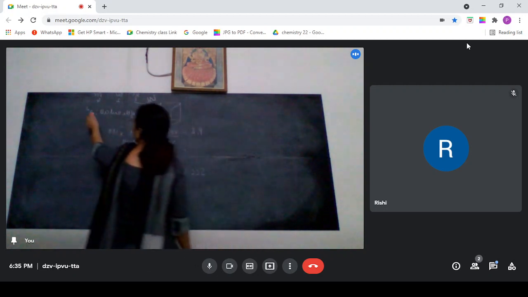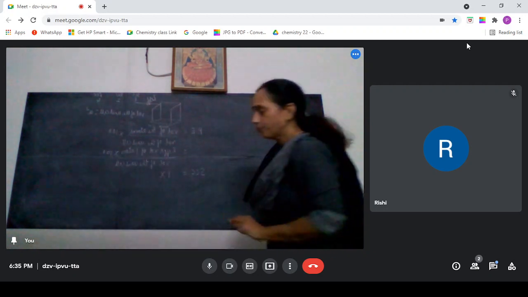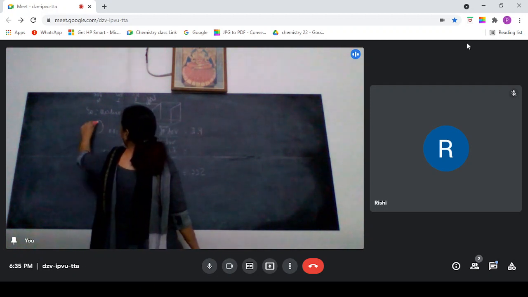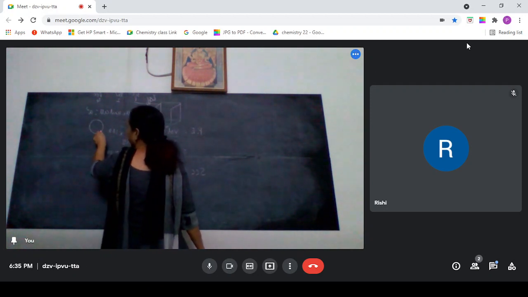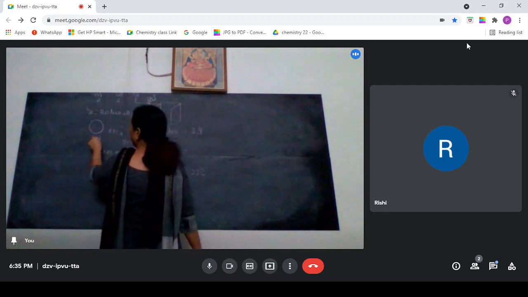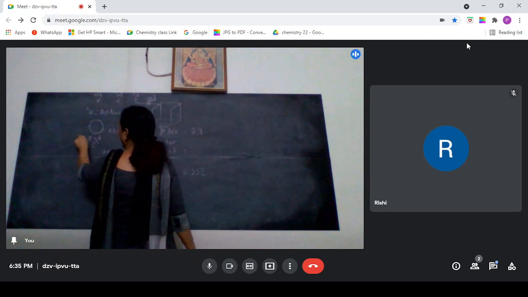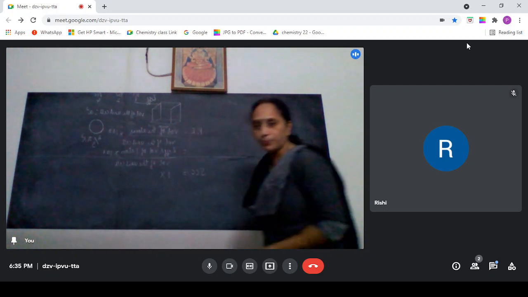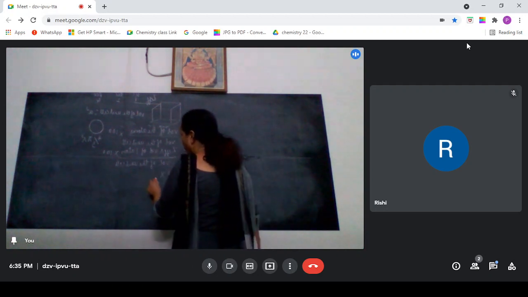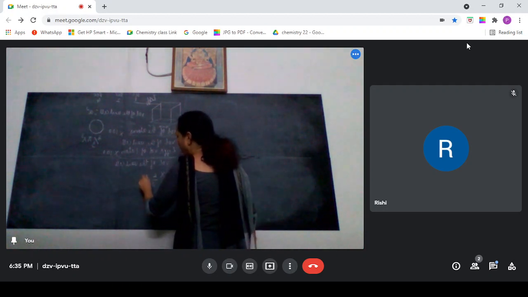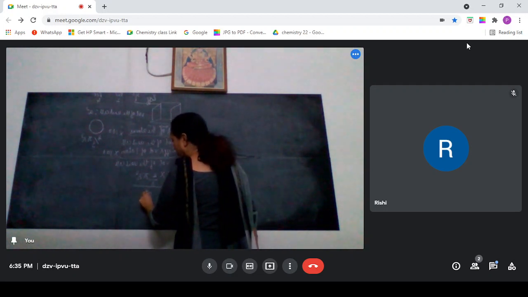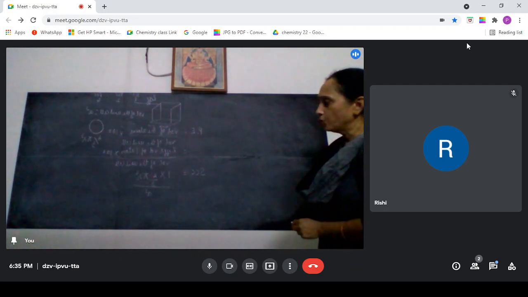So volume of the unit cell will be A cube, and volume of the atom I am considering as a sphere, 3-dimensional. So volume of the atom will be 4 by 3 pi r cubed, that is volume of the sphere. So volume of one atom will be 4 by 3 pi r cubed by A cubed, volume of the unit cell.